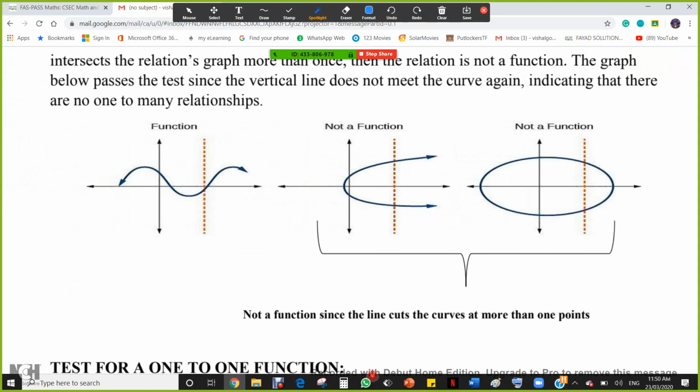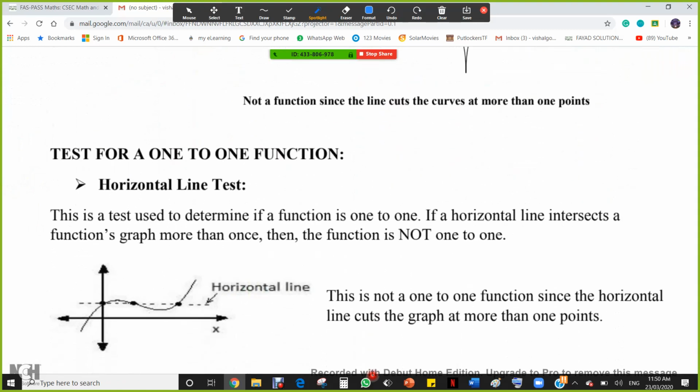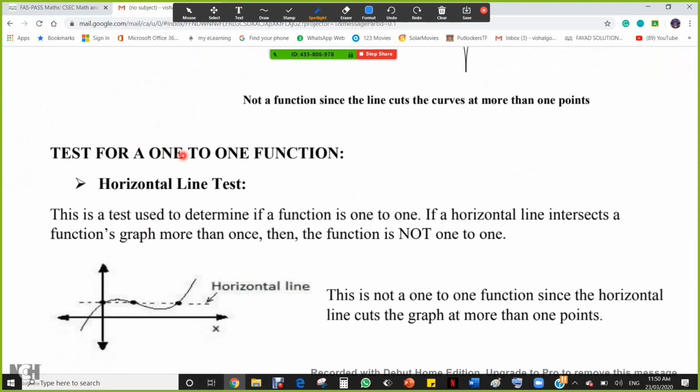Now sometimes they ask you to test for a one-to-one function. If ever in a multiple choice they ask you to test for a one-to-one function, you need to understand the horizontal line test. Now, what is the horizontal line test? This is very similar to the vertical line test, except it's the opposite.